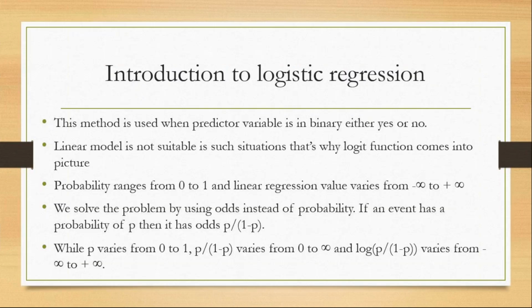As I said earlier, it is basically a method to classify between binary, yes or no. And linear regression is not suitable for all cases, so that's why we come up with a logit function.